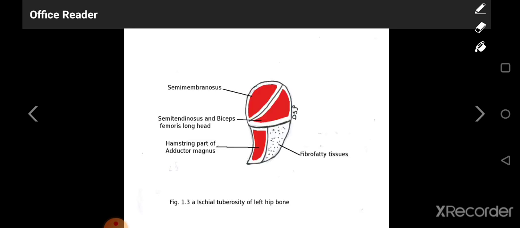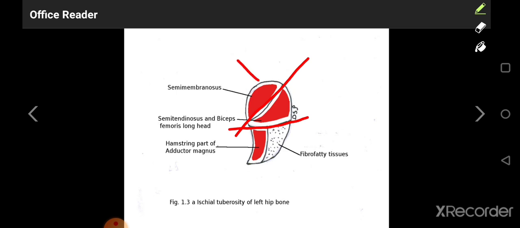So this is the diagram of ischial tuberosity. In this diagram, the ischial tuberosity has been divided into upper quadrangular and lower triangular part with the help of this horizontal ridge. The upper quadrangular part is again divided with the help of this lateral ridge into two triangles, the superolateral and superomedial triangles.